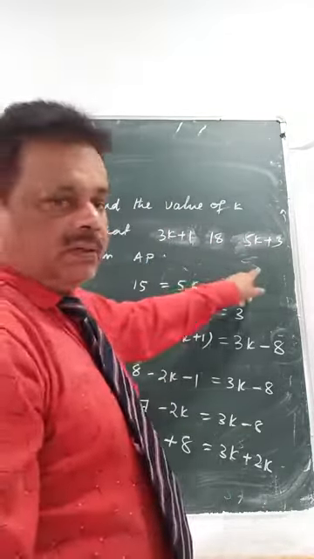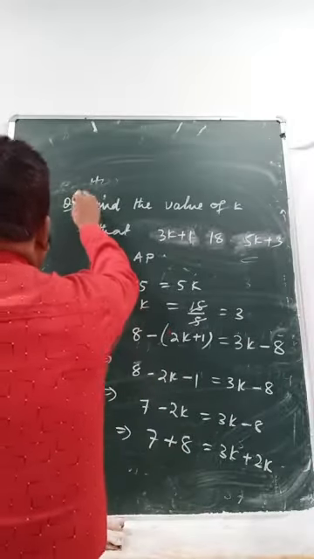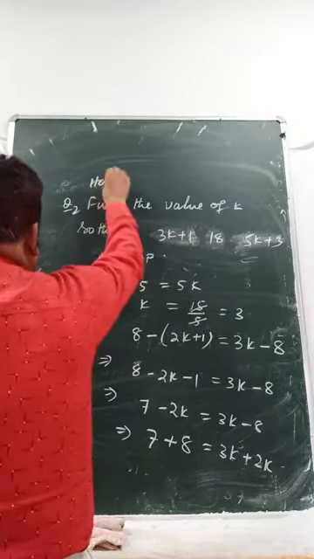How to solve? Now this minus this equals to this minus this. Okay? This is second pattern of the question. Homework for you. Next.